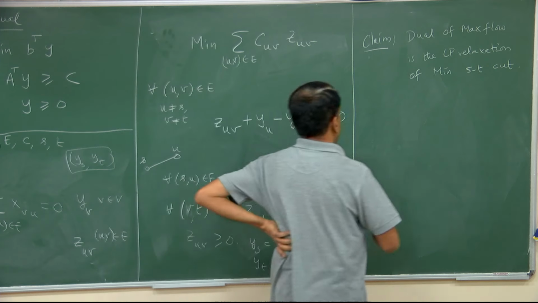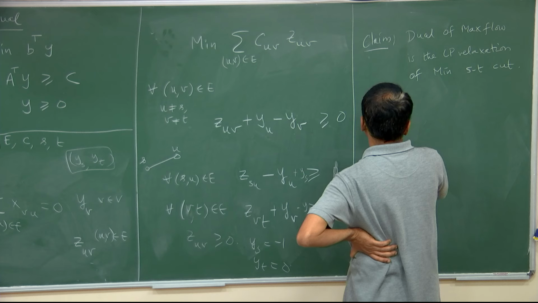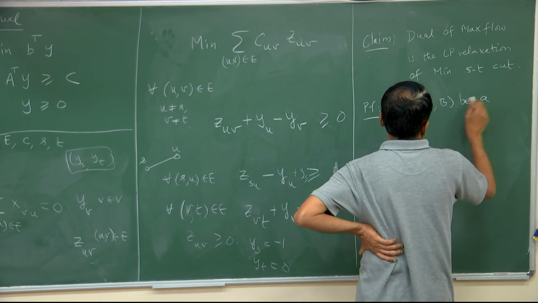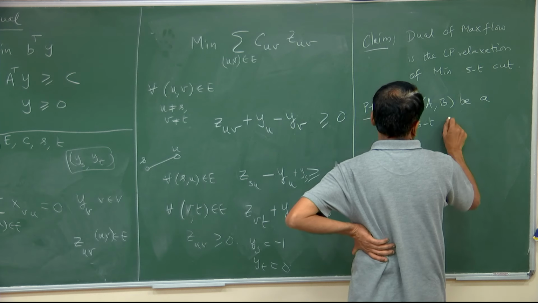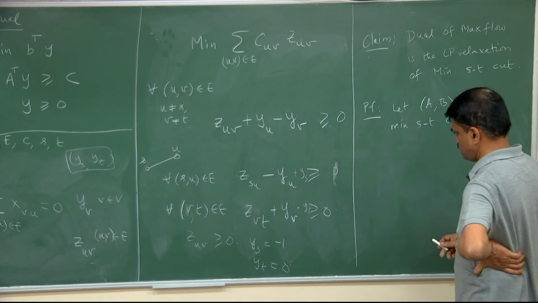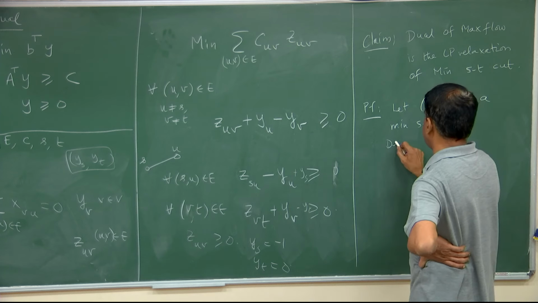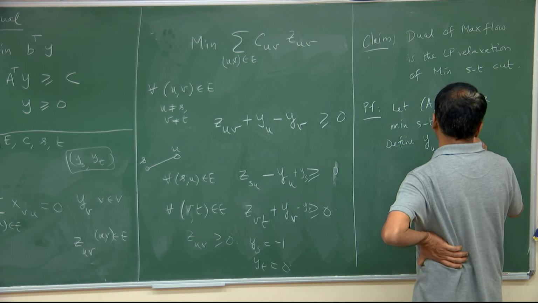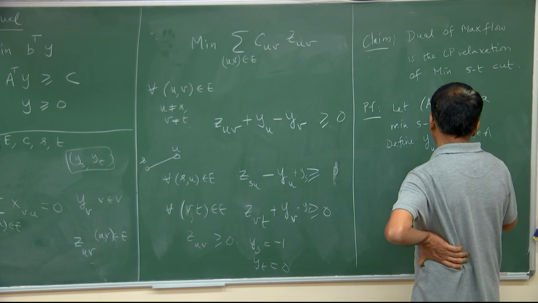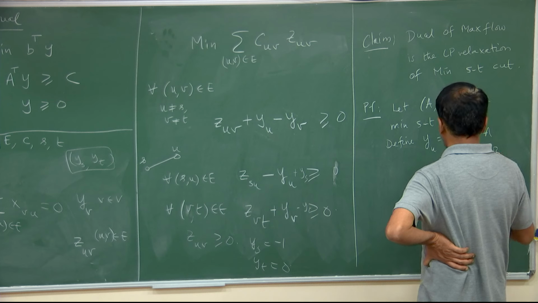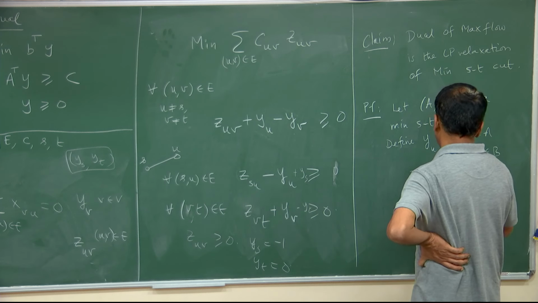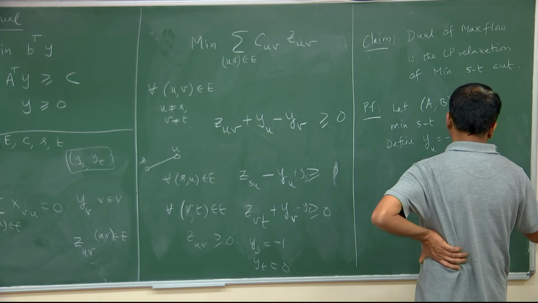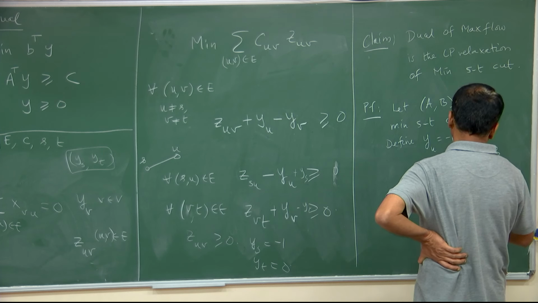So if you have a min ST cut, then define y equal to minus 1 for all u in A and 0 for all u in B, and z uv to be 1 for all uv in the cut, 0 for other edges.